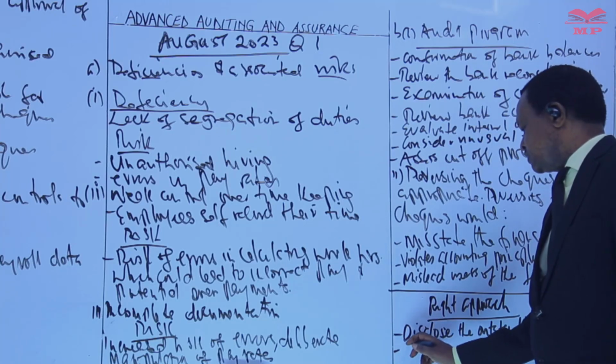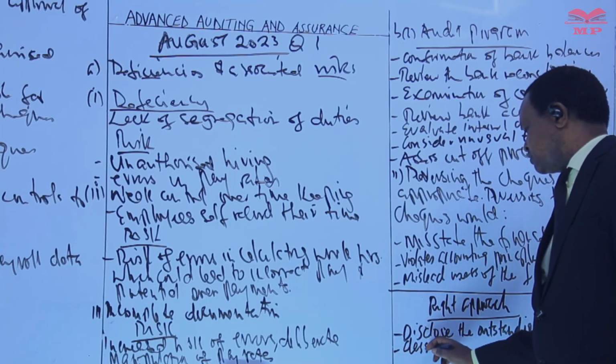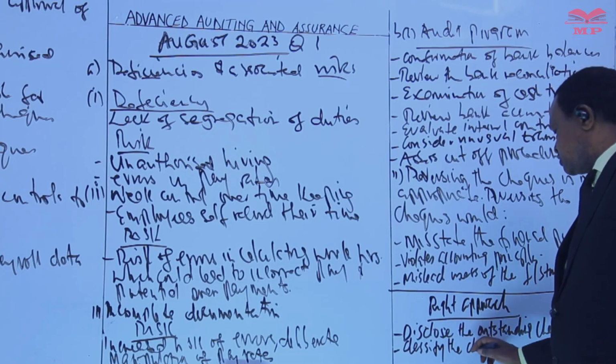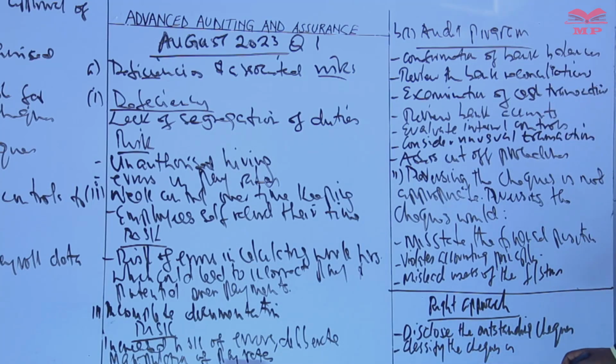Or even just classify the checks as current liability. They should be classified as current liability.